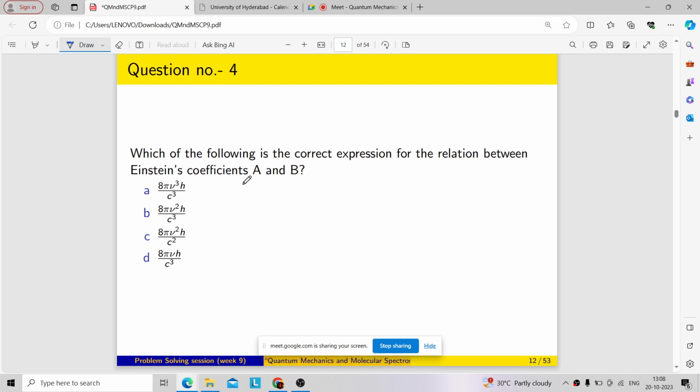So the correct answer will be A. This is the correct relation between A and B. This ratio A over B will give us 8 pi nu cube h over c cube. Okay, so the correct answer is A.